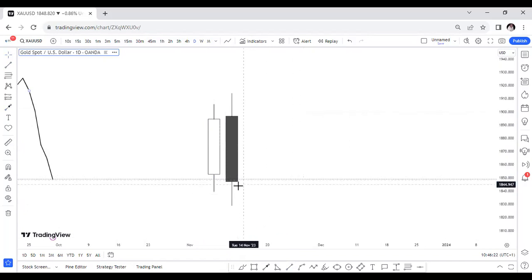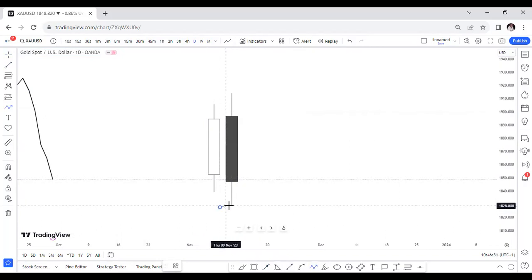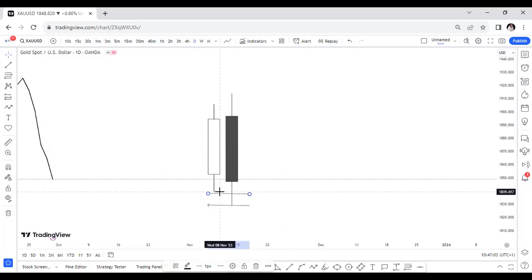As long as this wick here covers up the entirety of this range to the top, as long as the body has been enclosed by the high and the low of this candle, that is engulfing for you. As long as the body has been totally covered up by this body, that's engulfing for you.